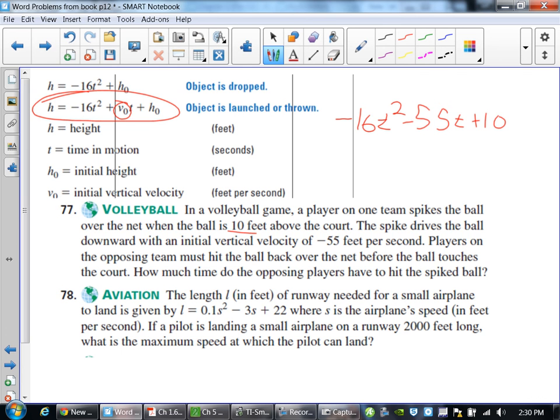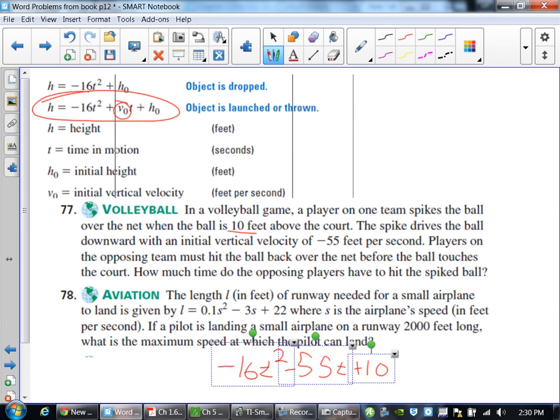This is your quadratic. In this case, what would be the easiest, quickest way to solve the problem? The quadratic formula. It's real quick. Let me move this down here.